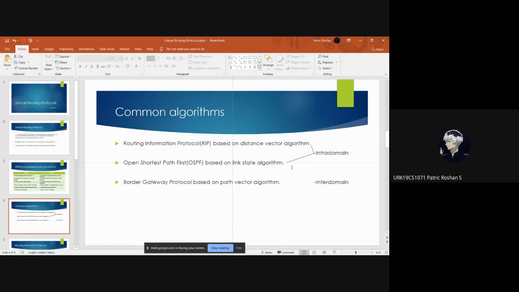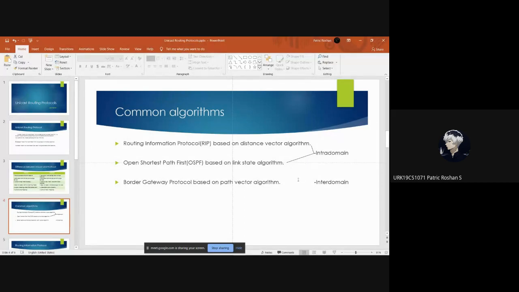Both these protocols are based on intra-domain. Intra-domain calculates the routing tables within the network. The process that happens within the network comes under intra-domain.